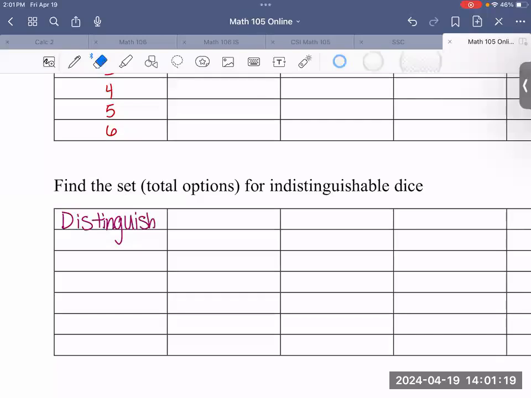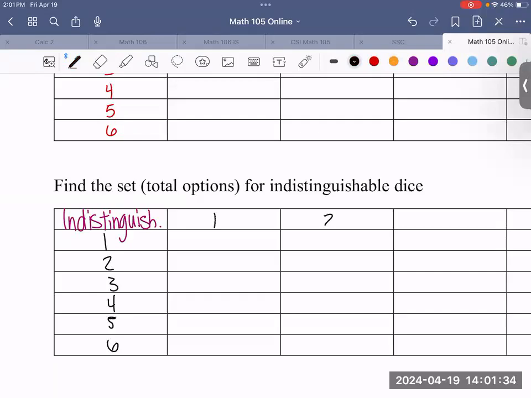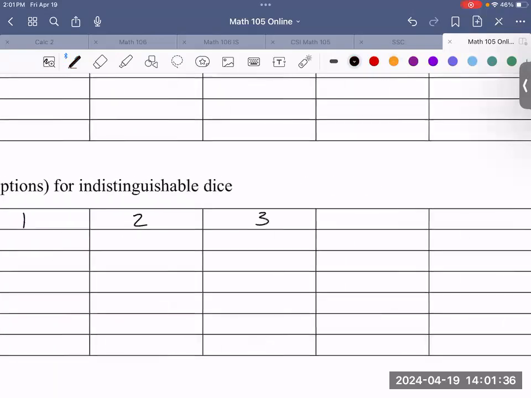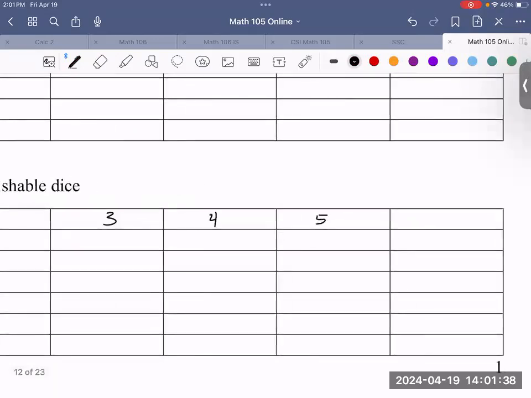Oh, sorry, indistinguishable. So we'll just do 1, 2, 3, 4, 5, 6. 1, 2, 3, 4, 5, and 6.